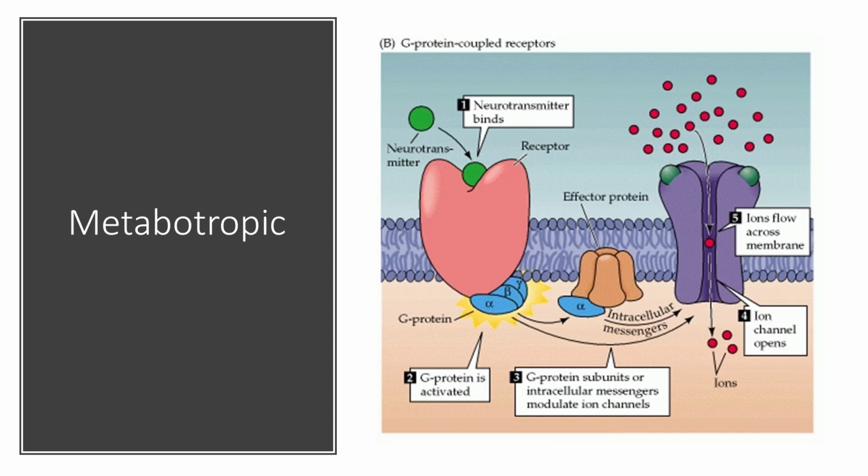Metabotropic receptors involve a protein that spans across the membrane, and when a neurotransmitter binds to it, something called a G protein is released. That G protein then moves into the postsynaptic neuron and can activate a variety of effects.